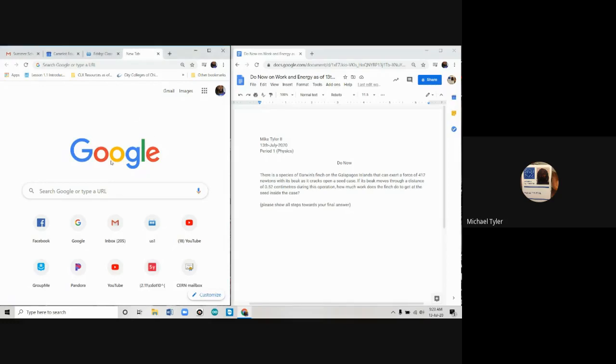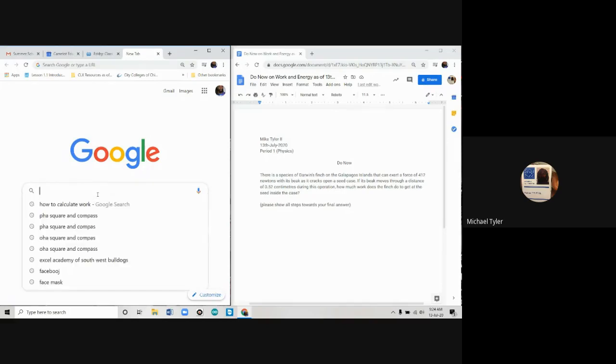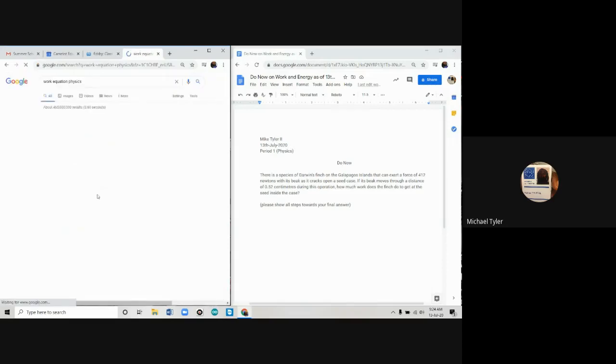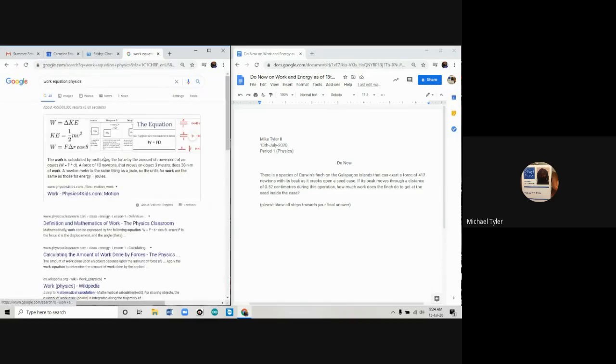Add some points. Participation. Okay, so did anybody look up what is the definition of work, or the best way to explain it is the mathematical equation, right? So work equation. If I type that in Google real quick, and sometimes Google's crazy, so you might want to put physics in there. It gives you a whole bunch of stuff that you can derive for work and energy.